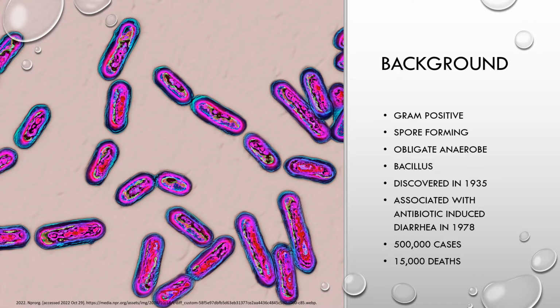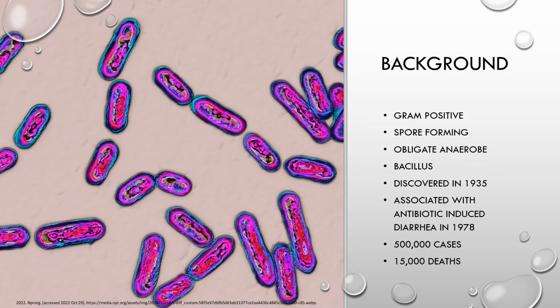It's bacillus-shaped, and the organism was discovered in 1935 by Hall and O'Toole, and it was given its name due to the difficulty they had in isolating the organism in pure culture. And it actually wasn't until 50 years after the discovery, in 1978, that George et al.